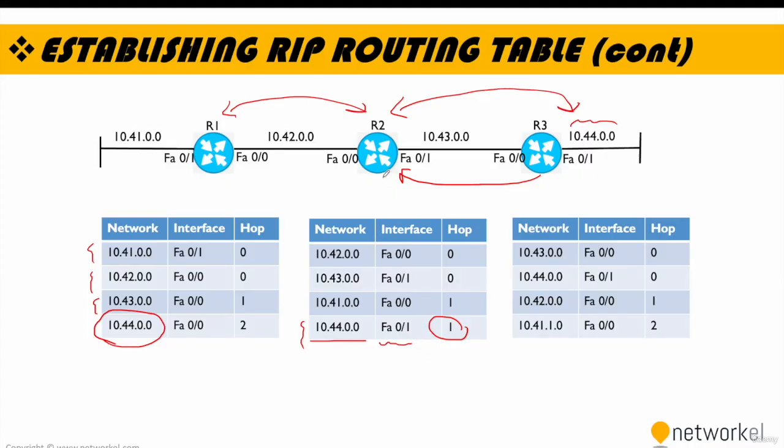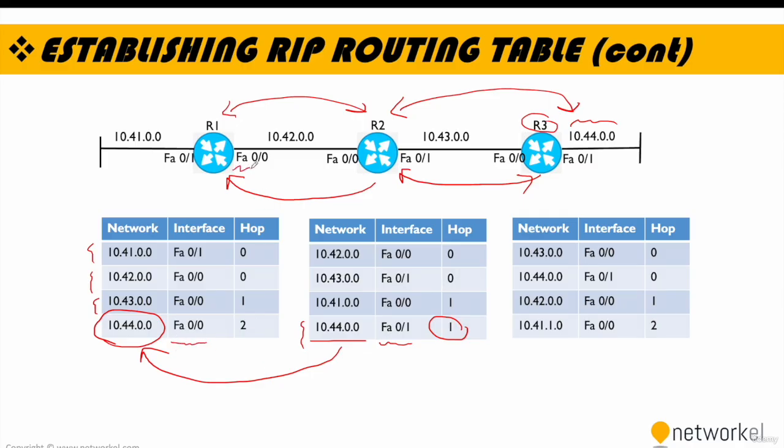Okay, and what happens? Router 3 is advertising this same network to router 1 as well. Hey router 1, I learned one network from router 3 and this is 10.44.0.0. This is one hop away from me. That means I'm reaching it only going through router 3. Since it is one hop away from me, you should install it to your routing table.